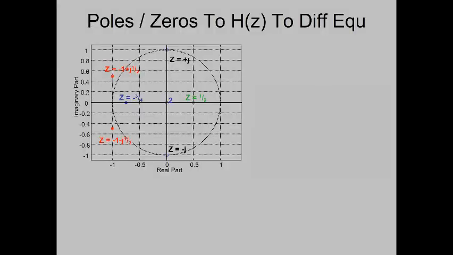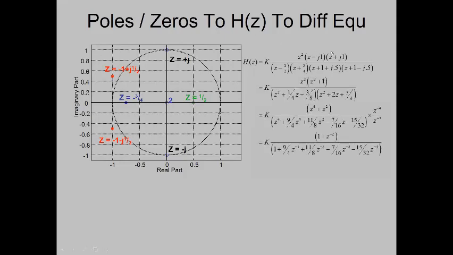So here's a bit more complicated one. The one example we did for a pole zero diagram, we have 1, 2, 3, 4 zeros and 1, 2, 3, 4 poles. So I'm going to have a fourth order system, but the process is the same. We would just start combining terms.